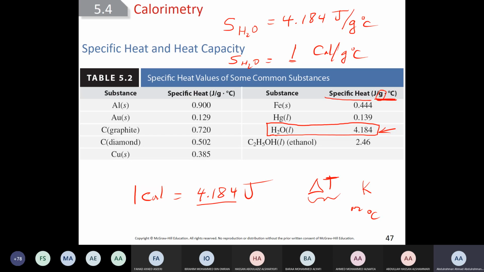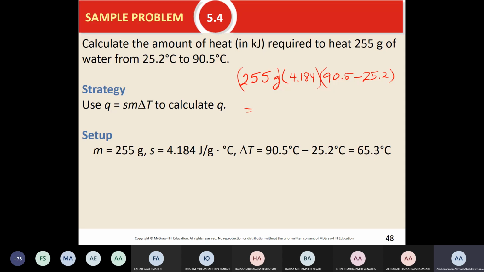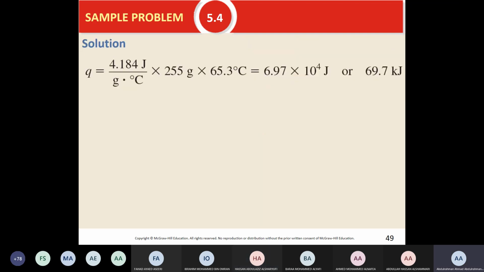No, because this is per gram degree C. That's the point. What's the answer? 69.669. Very good.